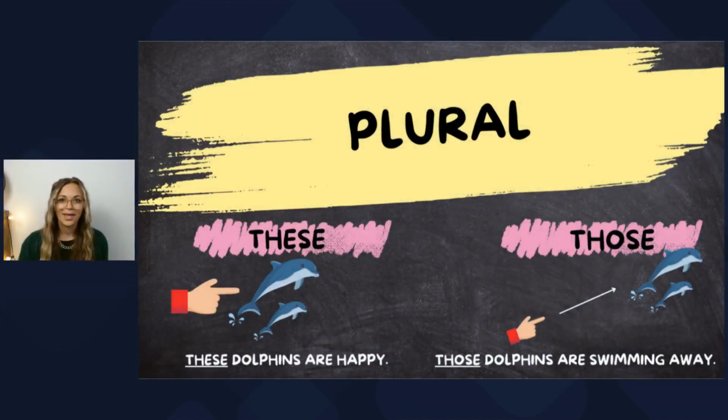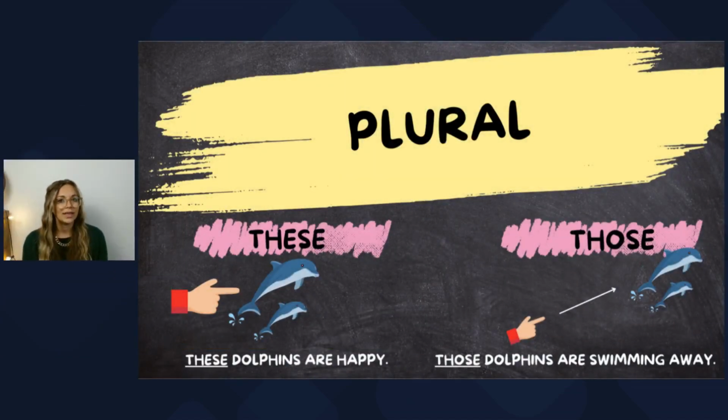Now, I like to use a finger trick. I know that it might sound silly, but when I'm teaching, I think it helps my students remember this, that, these, those. One finger for this and that. More than one finger for these and those. Back to our slides.